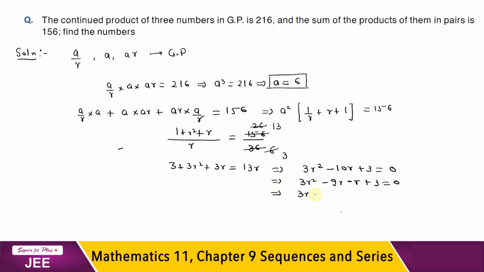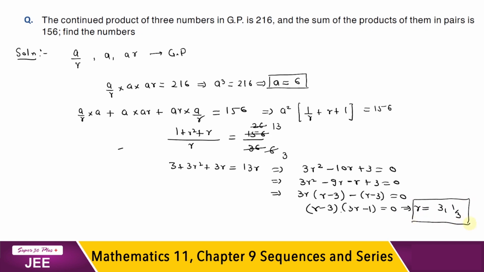So take 3r as common, we are left with 3r(r minus 3) minus 1(r minus 3) equals 0. So (r minus 3) into (3r minus 1) equals 0, which gives us the values of r as 3 or 1 by 3. So r can be equal to either 3 or 1 by 3.